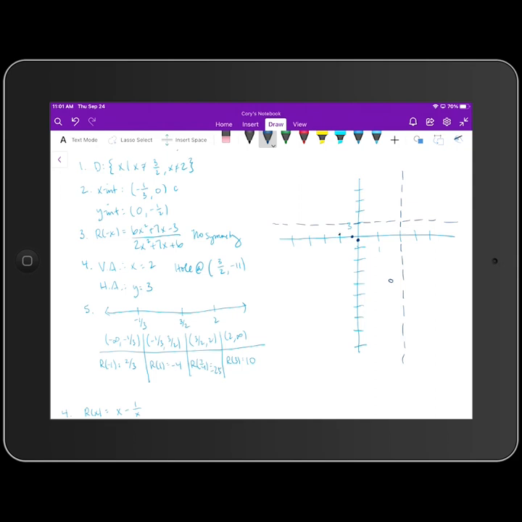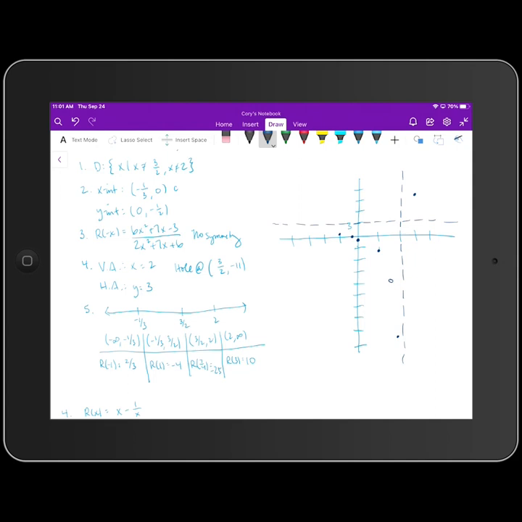We have the ordered pair 1, negative 4, which is about in there. 7/4, negative 25, which is going to be in here. And the ordered pair 3, 10, which is going to be about right there. And that's more than enough information for us to sketch the graph.